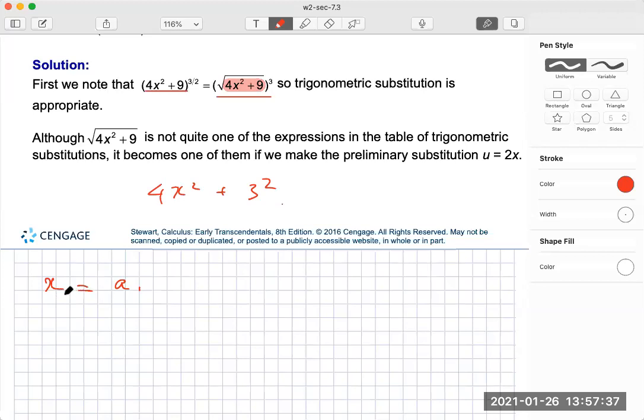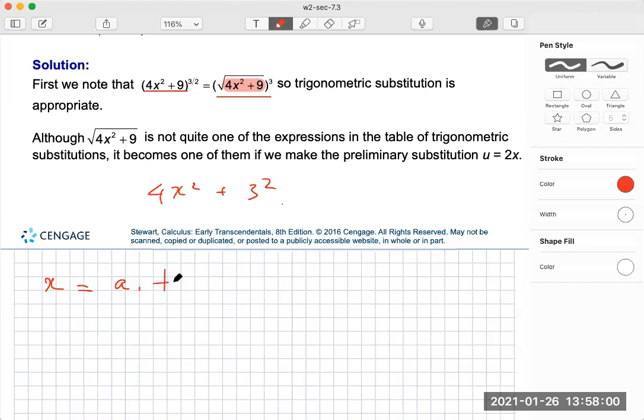What should we define for the x here? Sine or cosine or something? Tangent? If you do tangent, yes, it's also okay, because at the end it will be tangent.